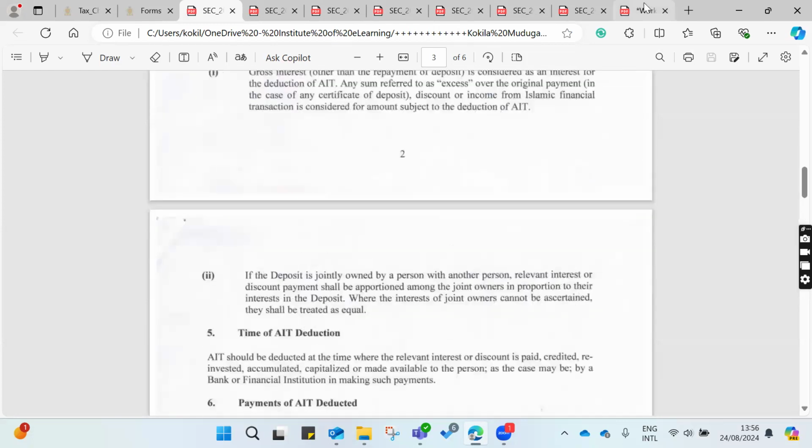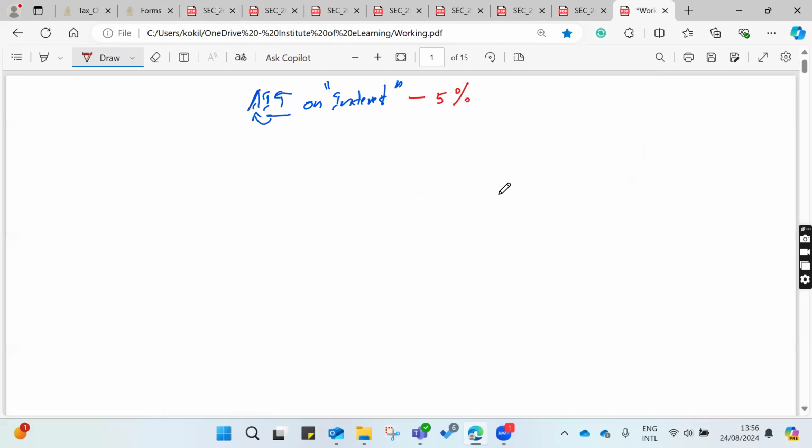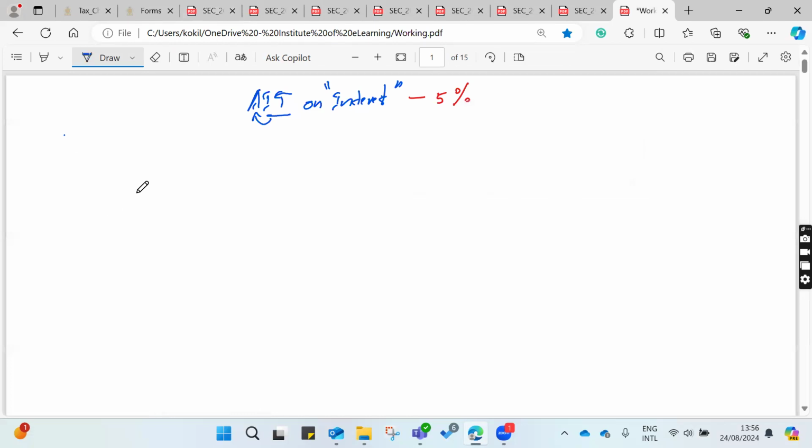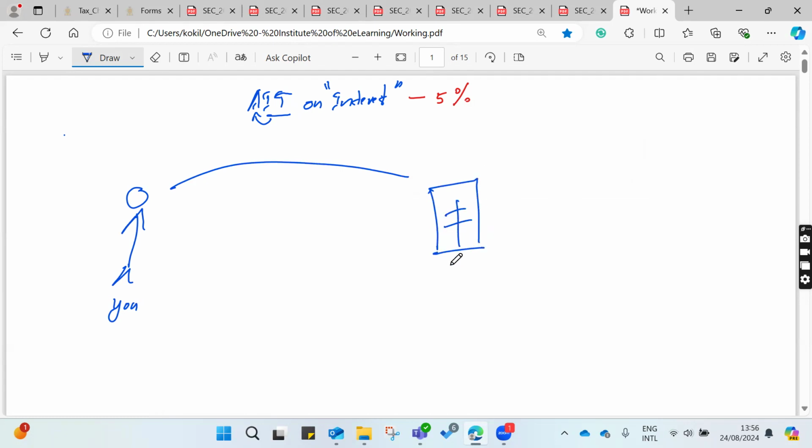So let's look at our mind map. I will explain in a simplified way how this process works. Take you as an investor. You have extra money and you are going to invest in a bank. You're placing an FD there as your investment.